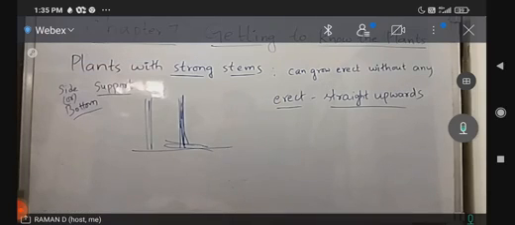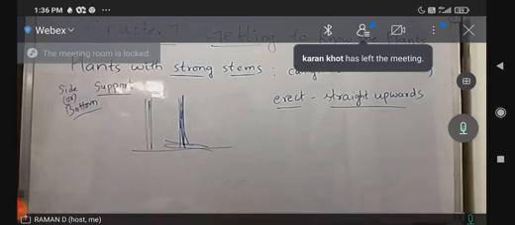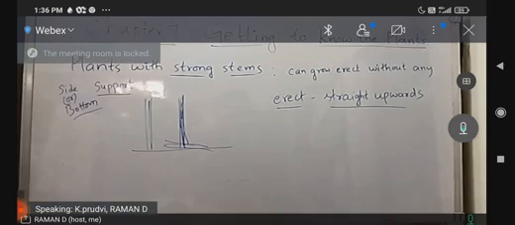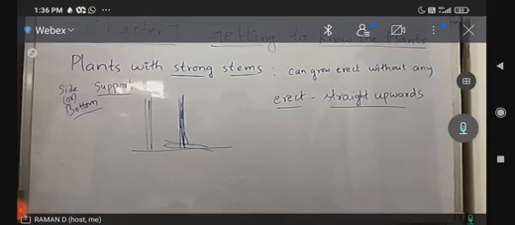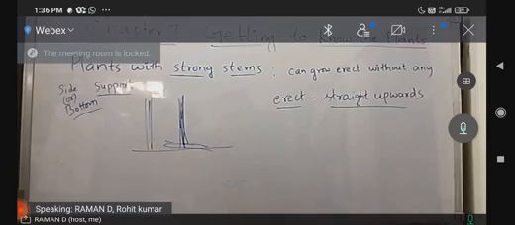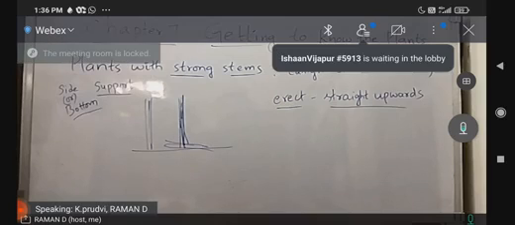What will be your answer? Sir, herb has a strong stem. Good. Because it has a strong stem, it can grow erect without any side or bottom support.